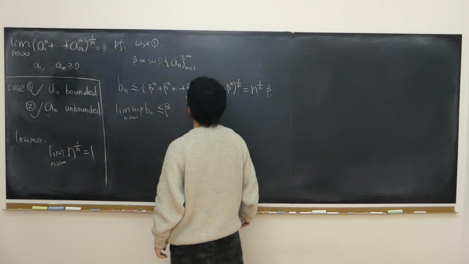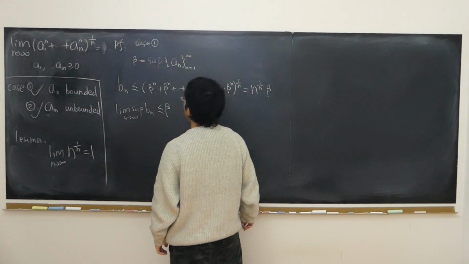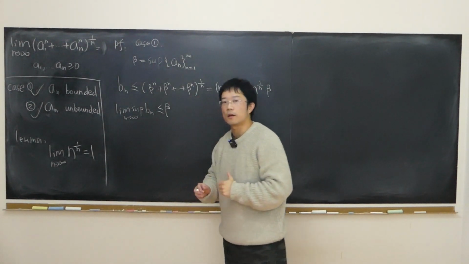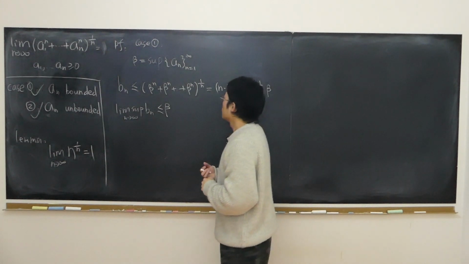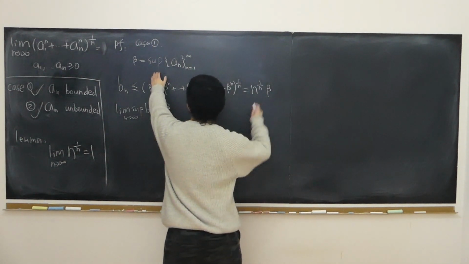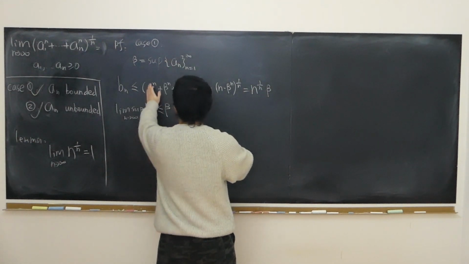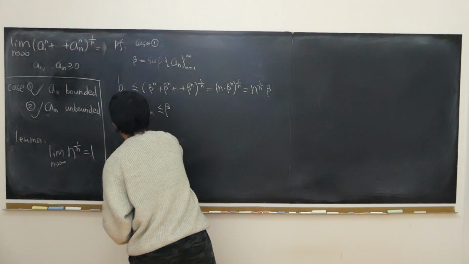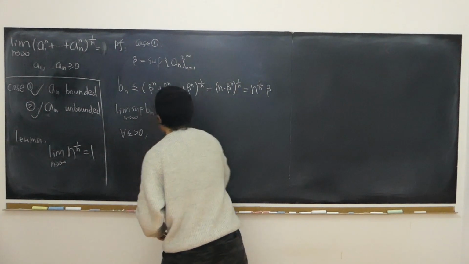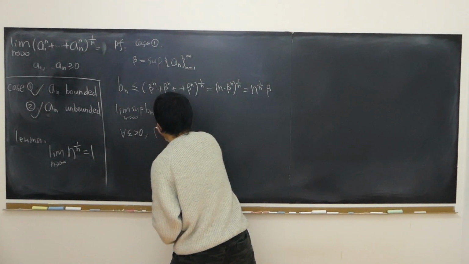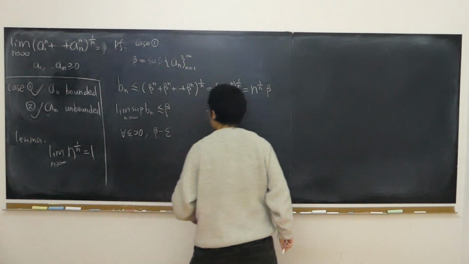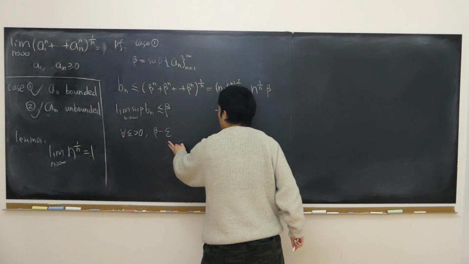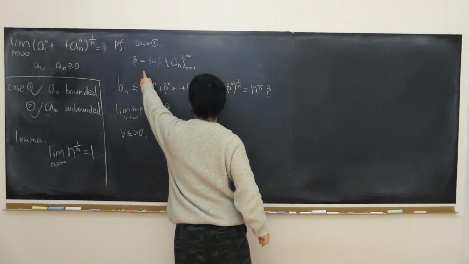Here's how. Knowing that there is a least upper bound for this sequence, we can confidently conclude that if beta is reduced by a little bit, given any epsilon larger than 0, then beta minus epsilon is no longer an upper bound, because beta is already the least upper bound.